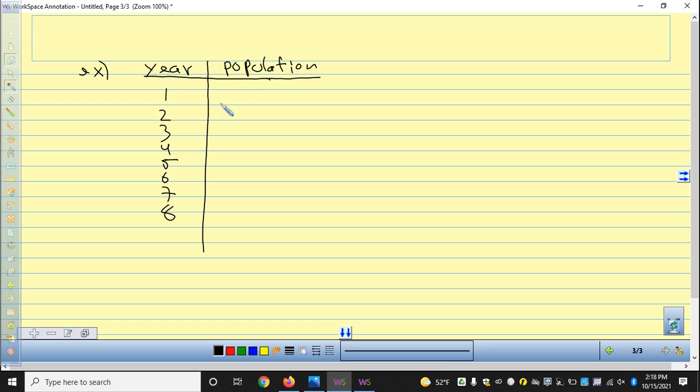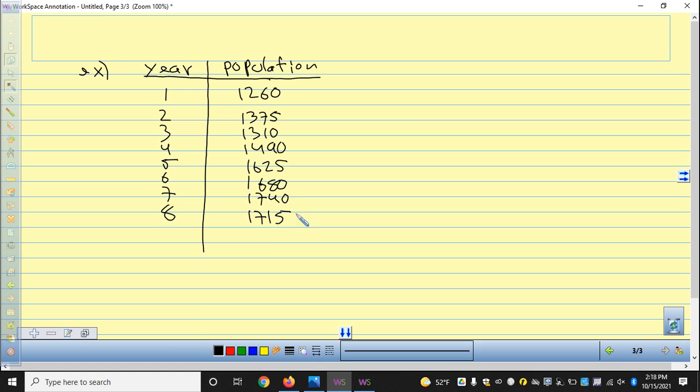And we count the population at the years, this many years into our study. So at 1 year we get 1260, 2 years 1375, 3 years 1310, 4 years 1490, 5 years 1625, 6 years 1680, 7 years 1740, and 8 years 1715.